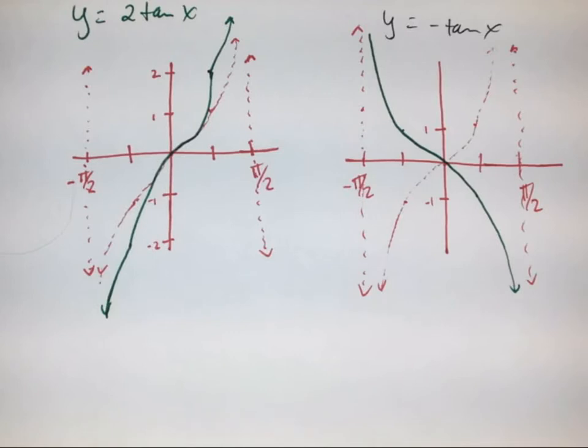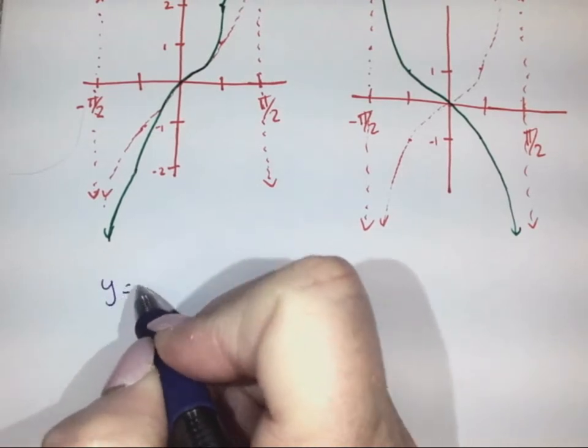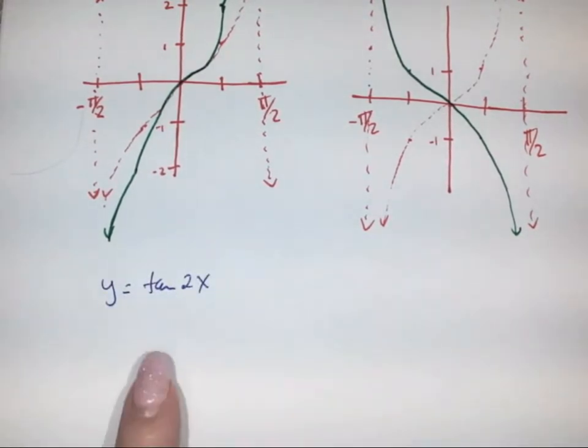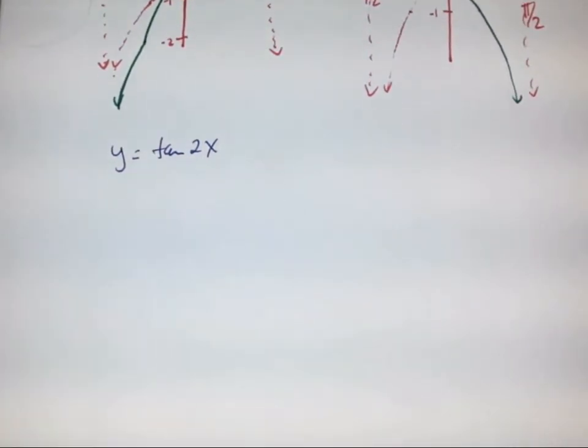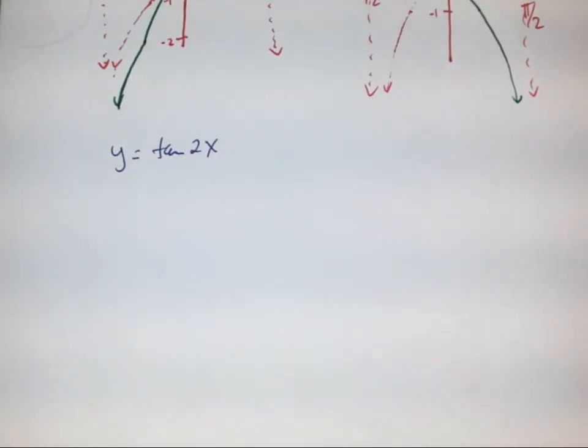All right, let's go look at y is equal to tangent of 2x. So with that 2, that changes our interval. That's all it's really going to do a whole lot with. So remember, it changes the period.